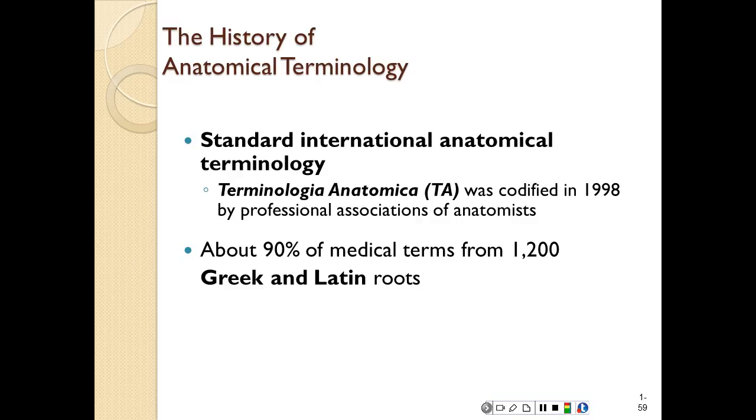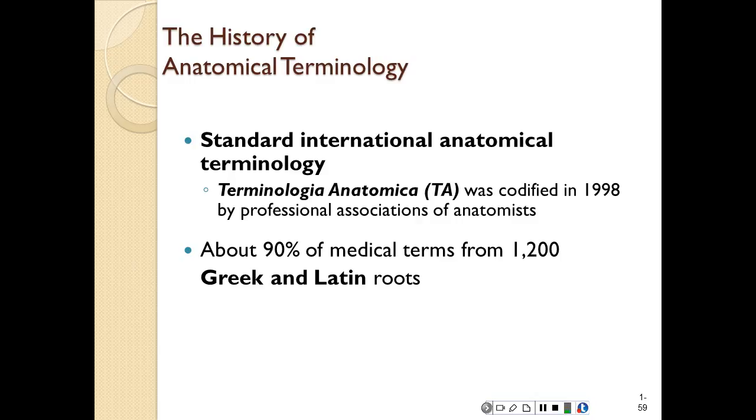Alright, so when we look at terminology, it's coded in the Terminologia Anatomica, I'll pronounce it as the TA, and it was coded back in 1989 by a set of professional associates and course of anatomists.